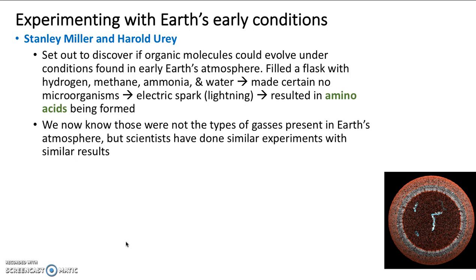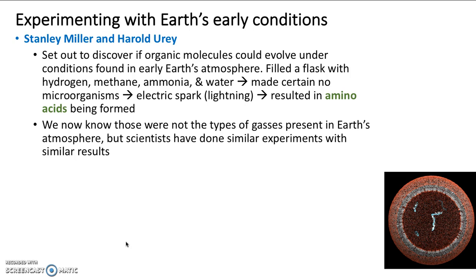And when they zapped those gases in their little setup, they ended up getting amino acids. As I said before, amino acids are the building blocks, the small units that make up proteins, and proteins are one of our organic compounds. So it proved that we could get organic substances from a bunch of inorganic stuff.